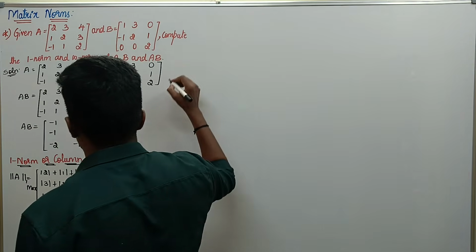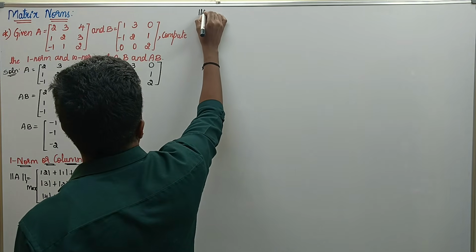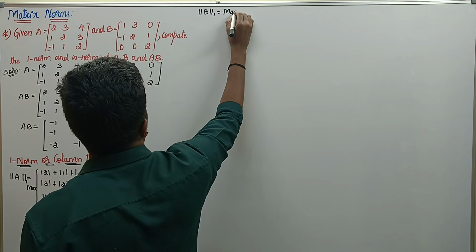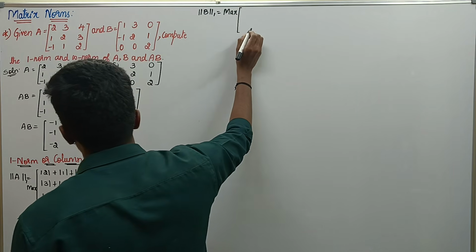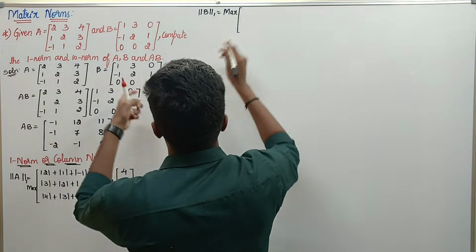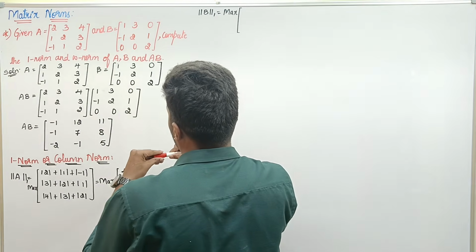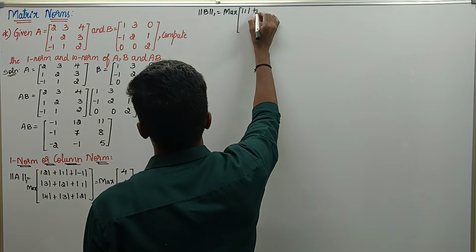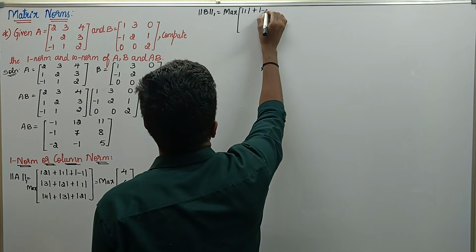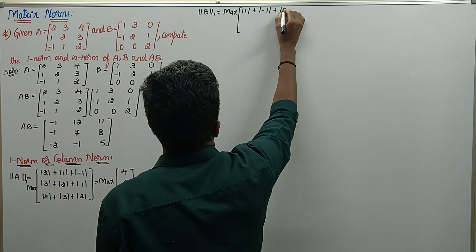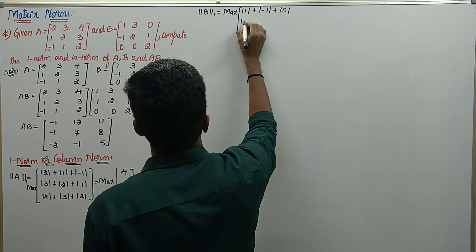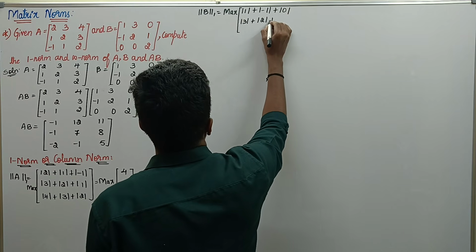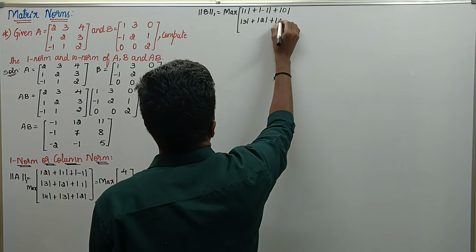Similarly, let us go with respect to norm B1. Norm B1 is equal to the maximum of the matrix, adding column wise. First, let us add modulus 1 plus modulus minus 1 plus modulus 0. Next we have modulus 3 plus modulus 2 plus modulus 0.